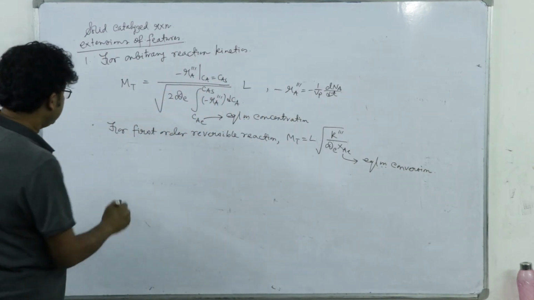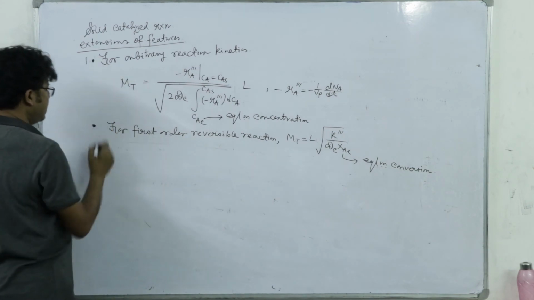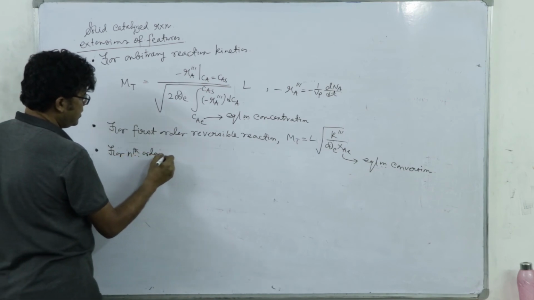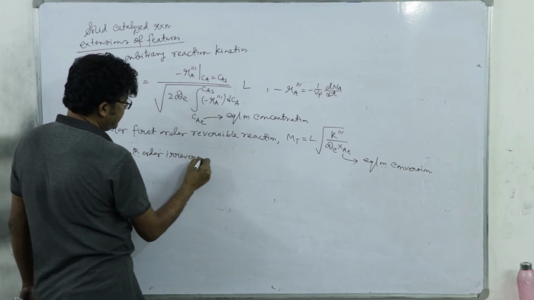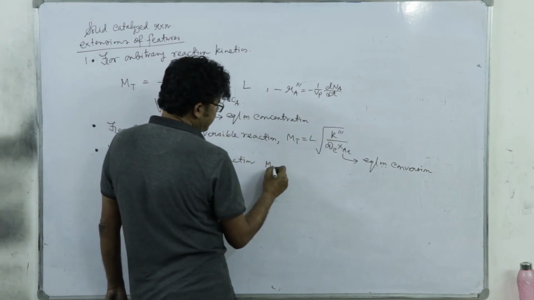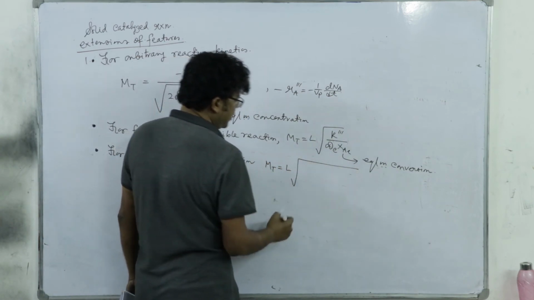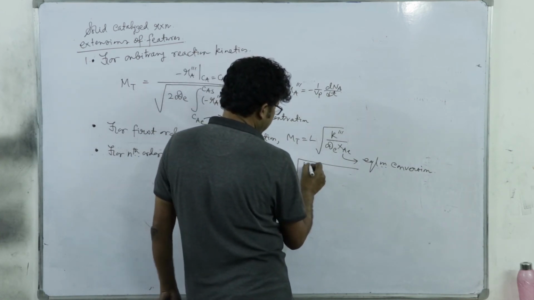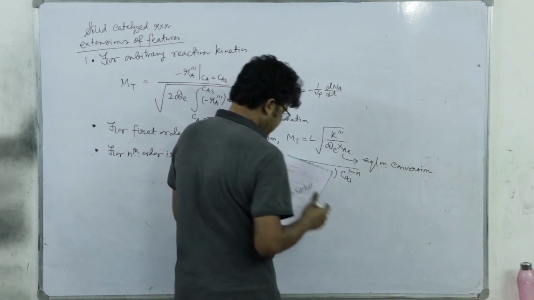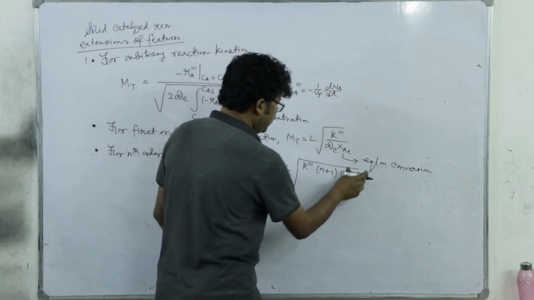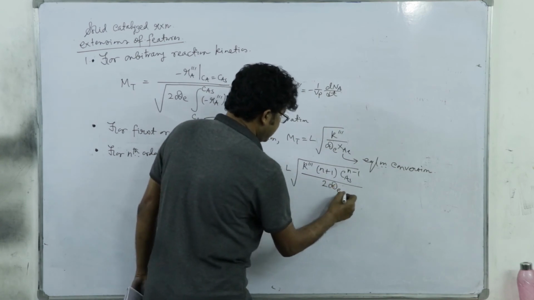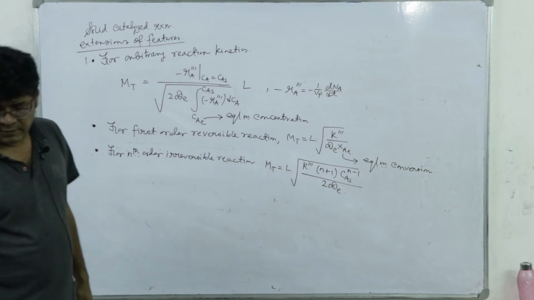Now for nth order irreversible reaction, Mt equal to L under root of k triple prime, n plus 1, Cas to the power n minus 1, divided by 2D.